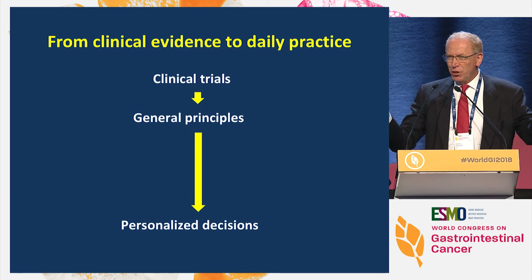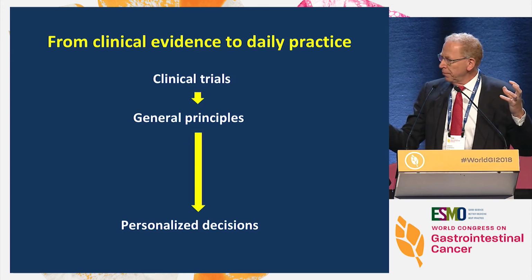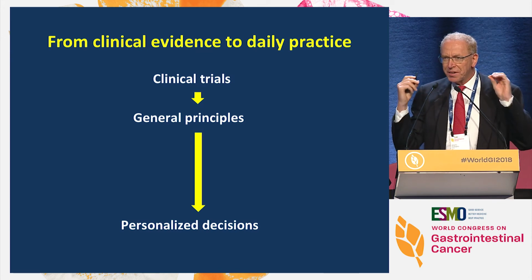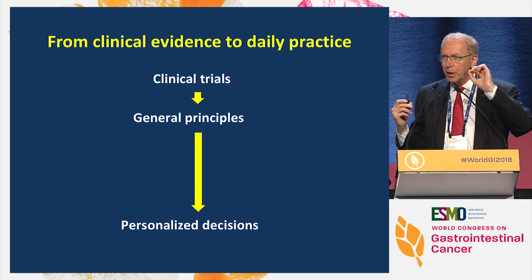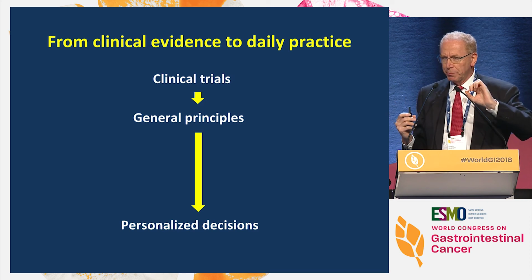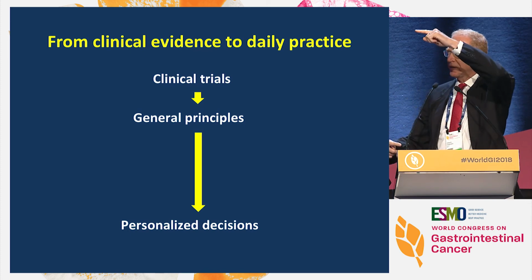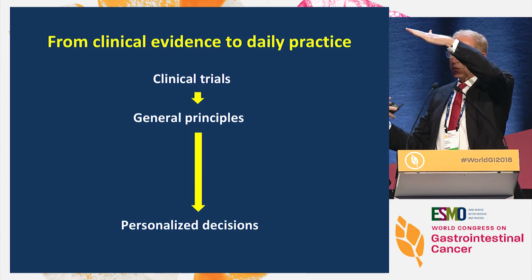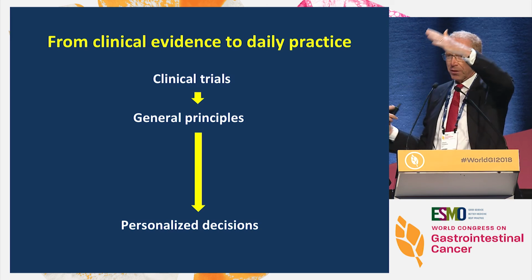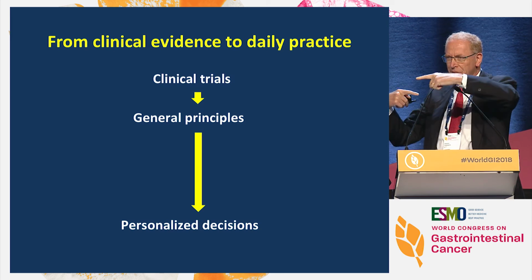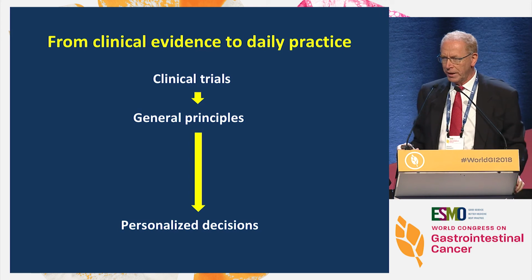And that's a huge leap, because after all, clinical trials essentially establish numbers, establish a general principle. Now, between this and the personalized decisions, there are kilometers, miles. It's not a short way.